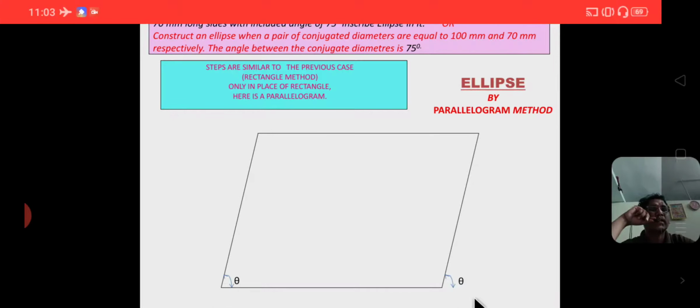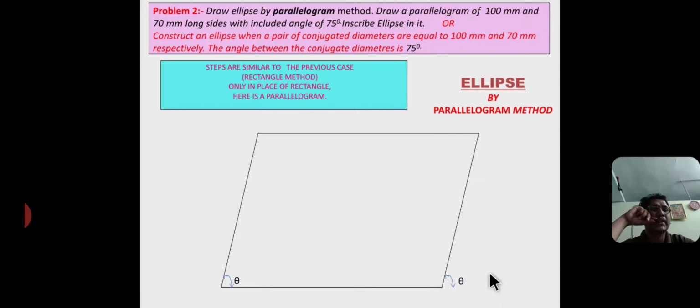You have to consider the anti-clockwise direction for measuring the angles, from bottom to top. So this is a 75 degree angle, this is also a 75 degree angle, and draw an inclined line.